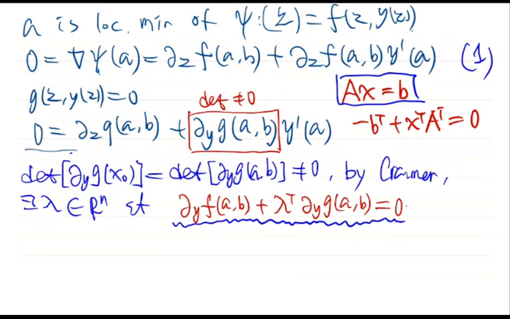Here this is our A, a nonsingular matrix, determinant not 0. So for any vector, this is a 1 by n row vector, we can solve for lambda for this equation. So we can obtain a lambda satisfying this equality.